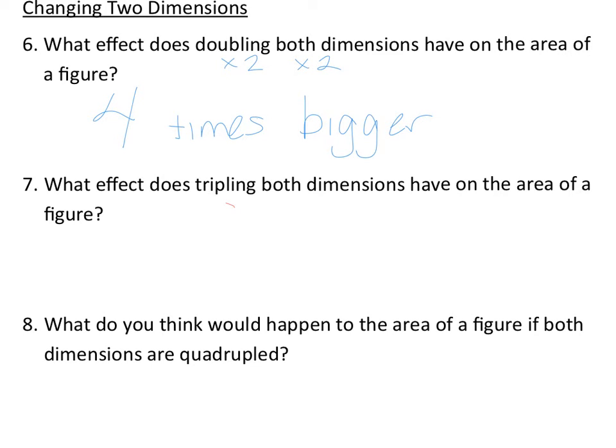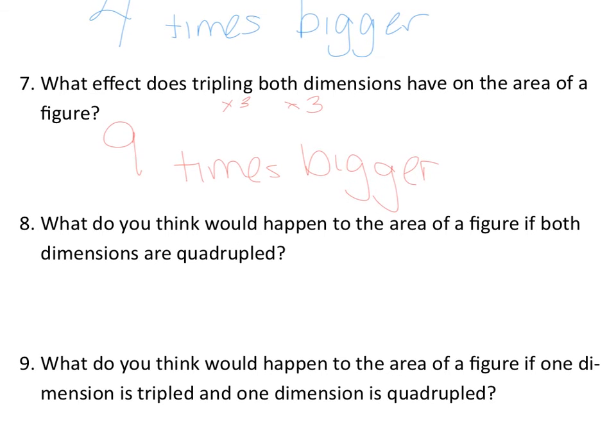And if we tripled both, we end up with 9 times bigger. And what do you think would happen to the area if both dimensions were quadrupled, meaning we multiplied both dimensions by 4? It would be 16 times bigger.